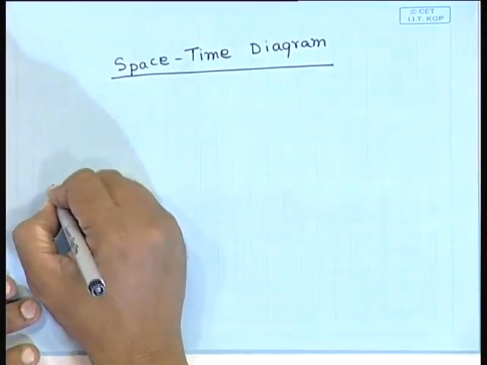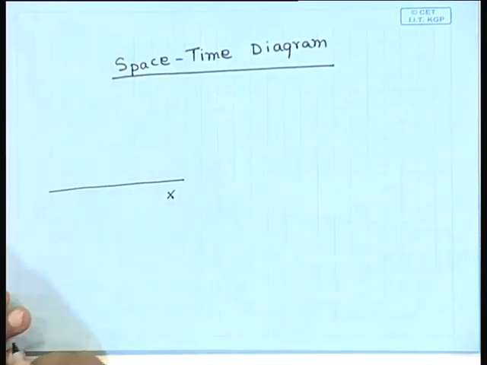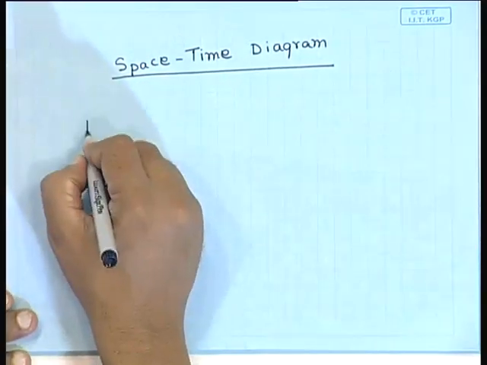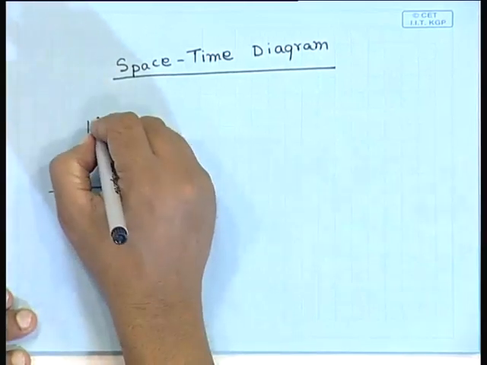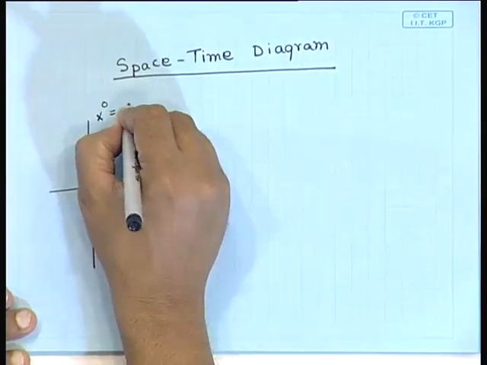So usually we suppress 2 of the dimensions and draw the space-time diagram only in 2 dimensions. So we show only one of the spatial dimensions, could be x, y or z, let us say x, and along the y-axis we show the time x0, which is ct.